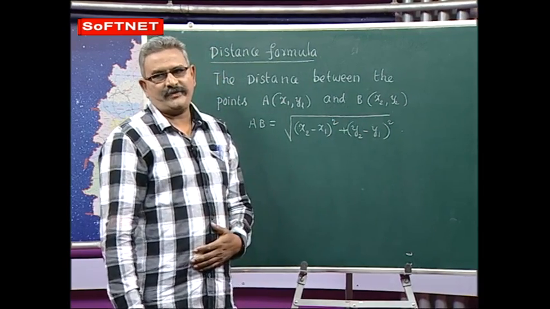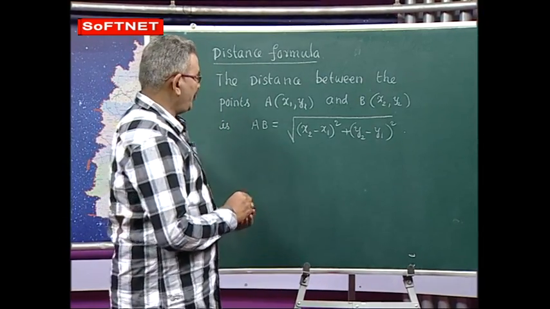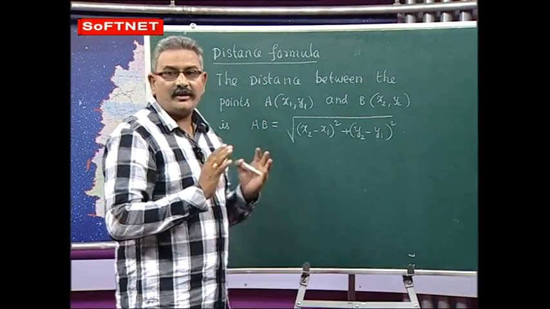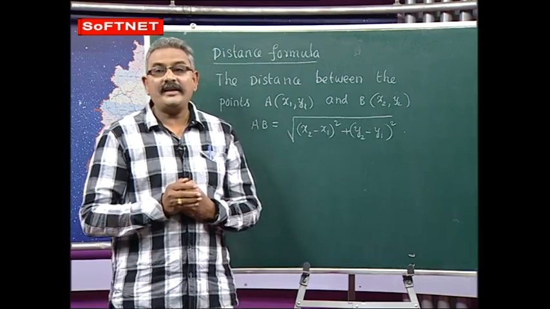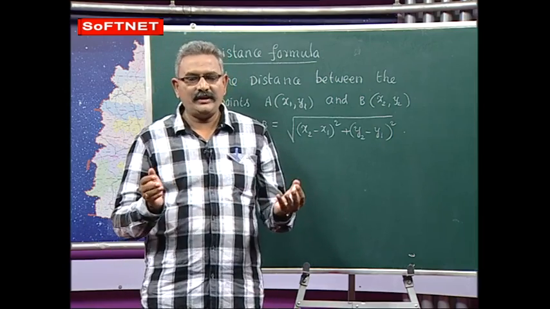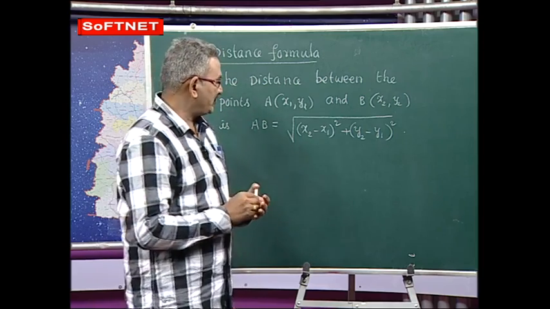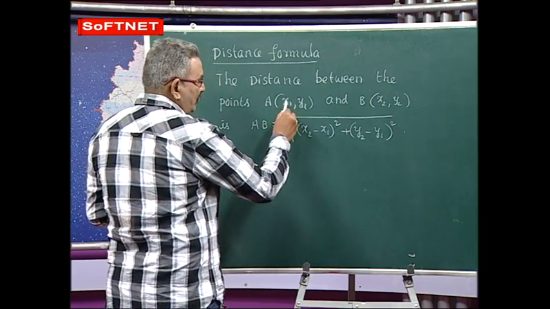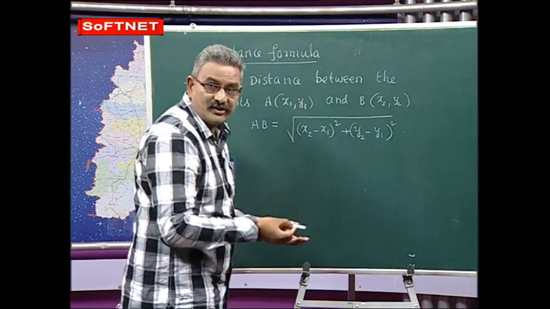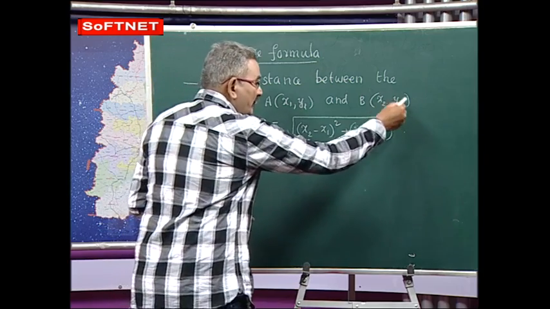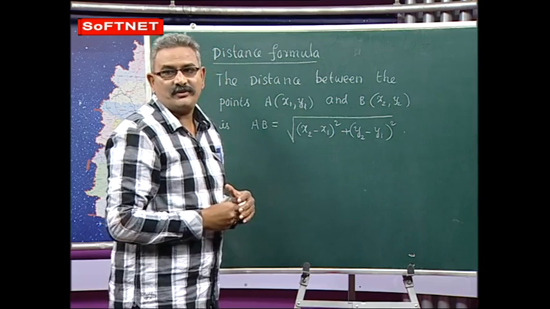Suppose instead of A you take the origin. What are the coordinates of the origin? We know that the coordinates of the origin are (0, 0). If you replace x2, y2 by 0, 0, what do we get?